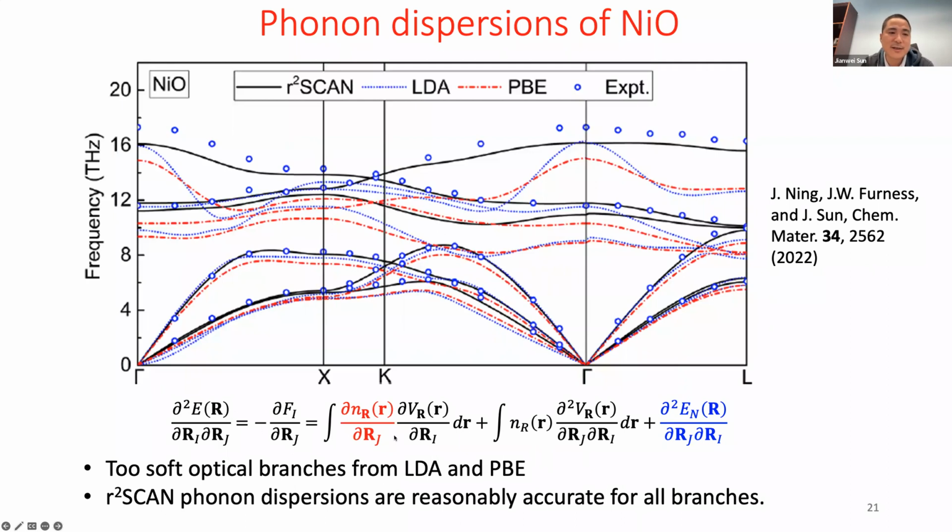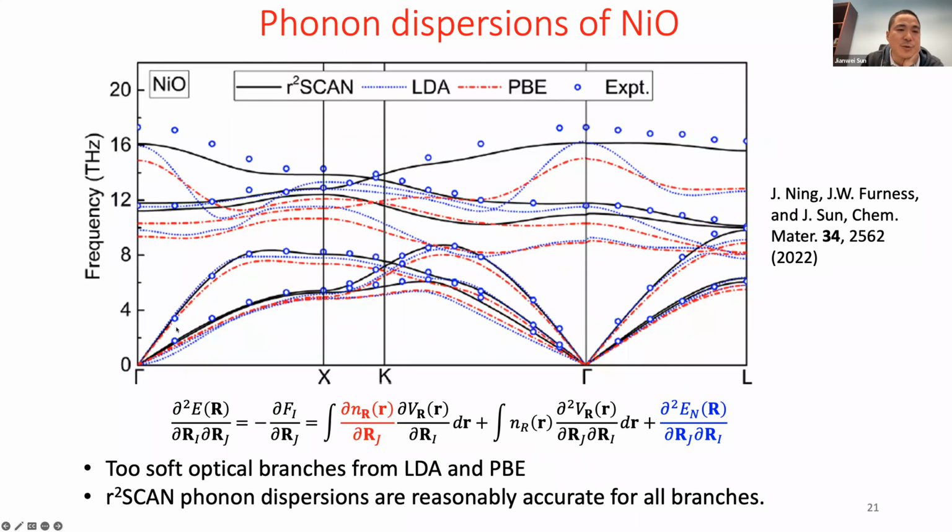This can be decomposed into three terms: the nuclear energy, the electron density response to the displacement of the atoms, and the second order of the external potential generated by the nuclei.